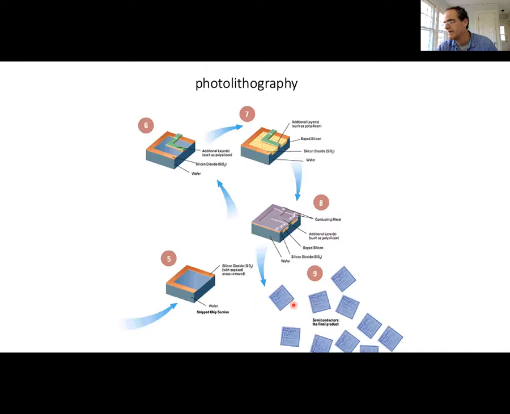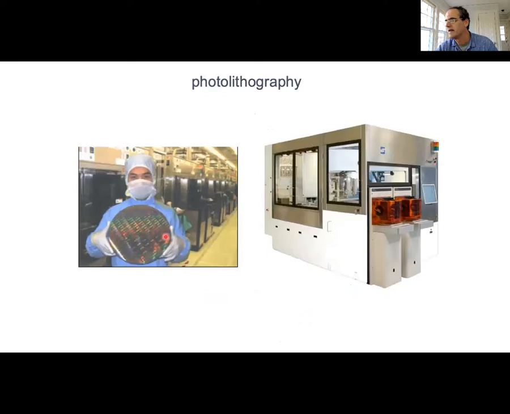The wafer is cut up into chips. The chips are packaged and they're ready to go. I think the current state of the art is 300 millimeter wafers. Okay? The entire wafer is developed at once and then it can be cut up into dozens or maybe hundreds of chips.